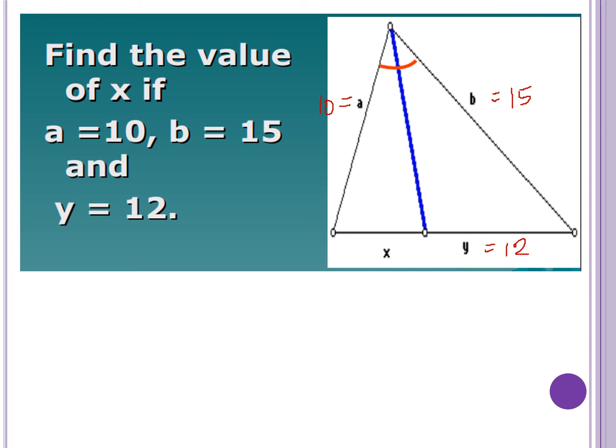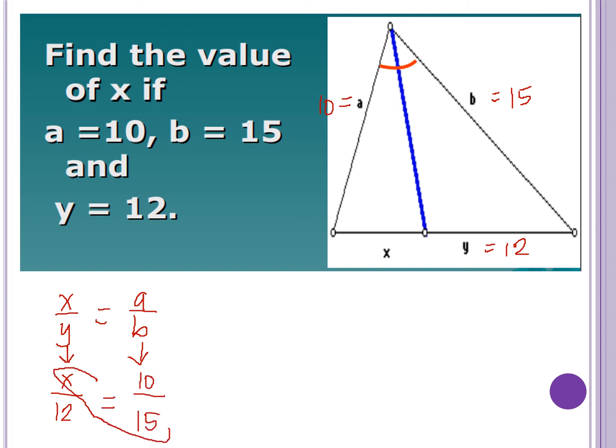Since the triangle angle bisector theorem states that the bisector of an angle of a triangle separates the opposite side into segments whose lengths are proportional to the adjacent sides, we can form a proportion from the given. So we can write x is to y is equal to a is to b. Let us substitute the values. So for x, this is unknown. Y is equal to 12, A is equal to 10, and B is equal to 15.